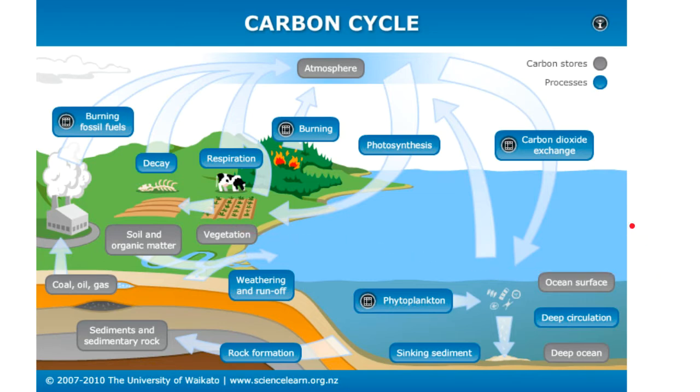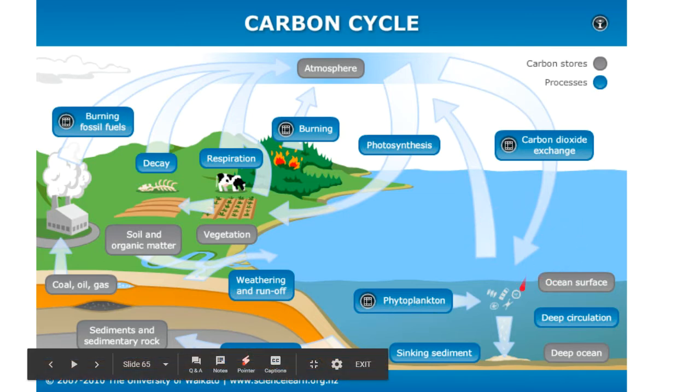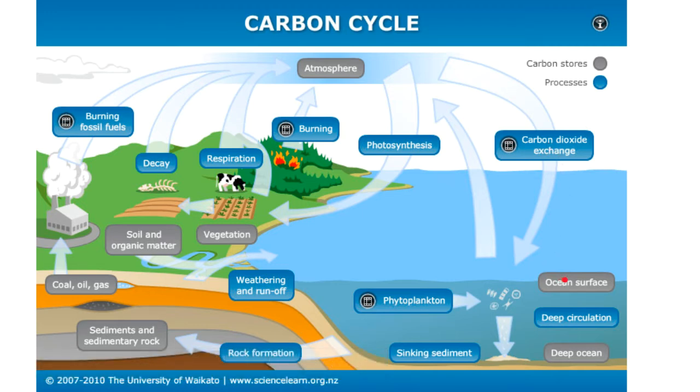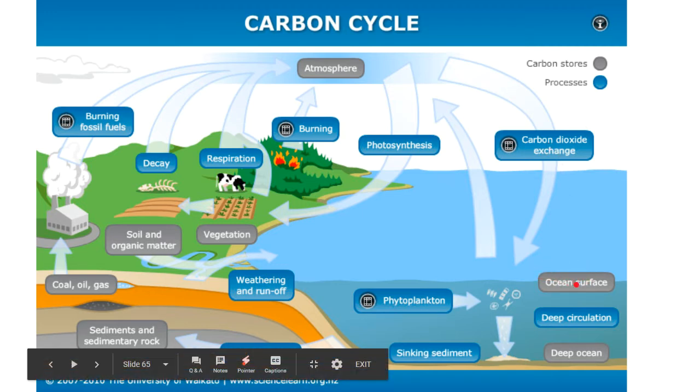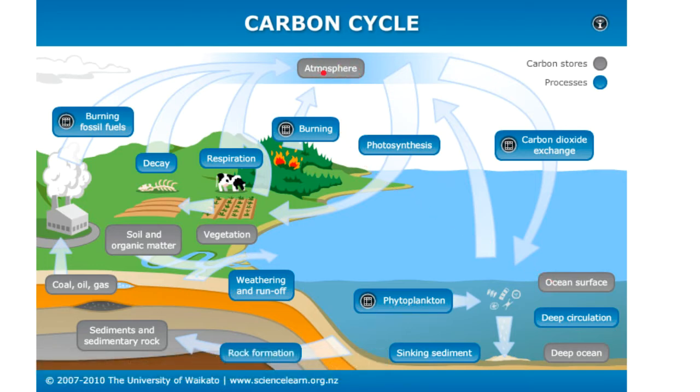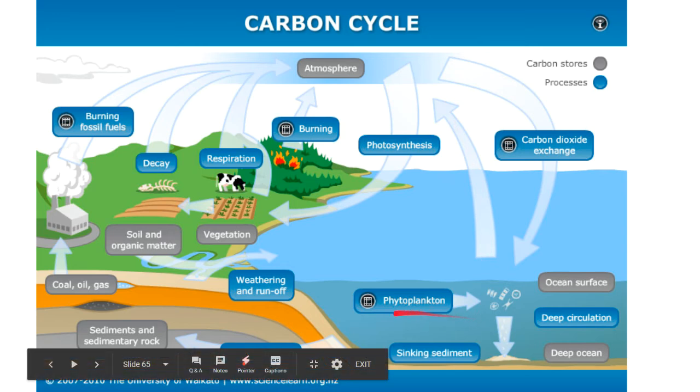So we started talking about the carbon cycle, and the carbon cycle a lot of times is just focused on photosynthesis and cellular respiration. But the carbon cycle is incredibly important in the ocean because a tremendous amount of carbon dioxide sinks into the ocean and is stored. I know we have a huge store of carbon dioxide in the atmosphere, but we have photosynthesis going on in the ocean.